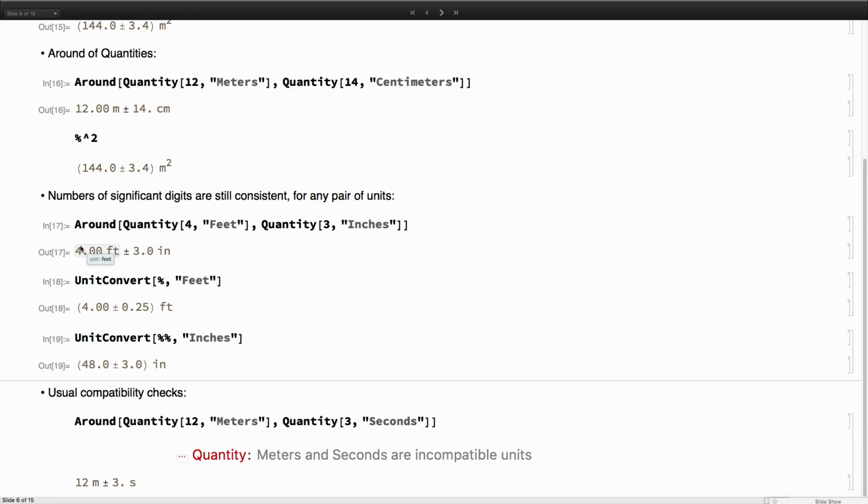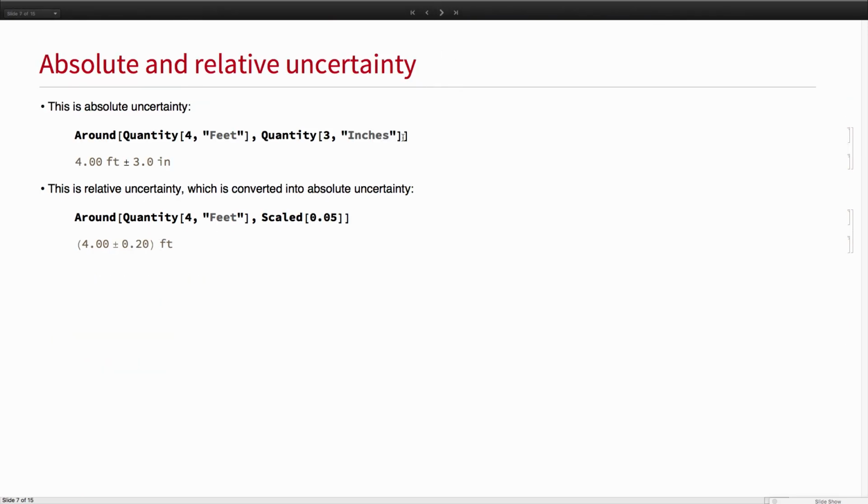So that's why at the beginning we have 2 here and 1 there. That's the rationale. And of course, there are standard compatibility checks of units, as usual with quantities. At the moment, we are handling relative uncertainty via scale. So you introduce a scale, meaning 5% error, 5% uncertainty, and this will be converted into an absolute uncertainty.